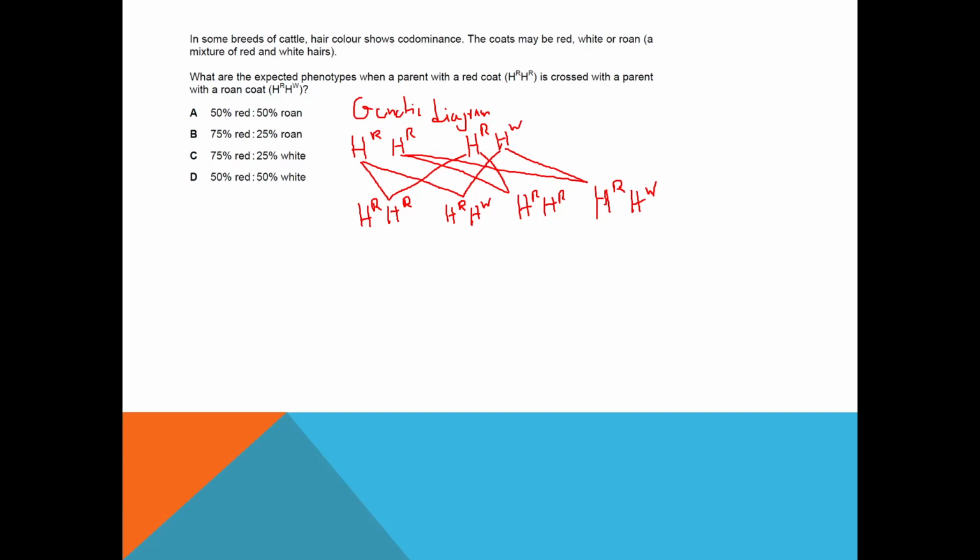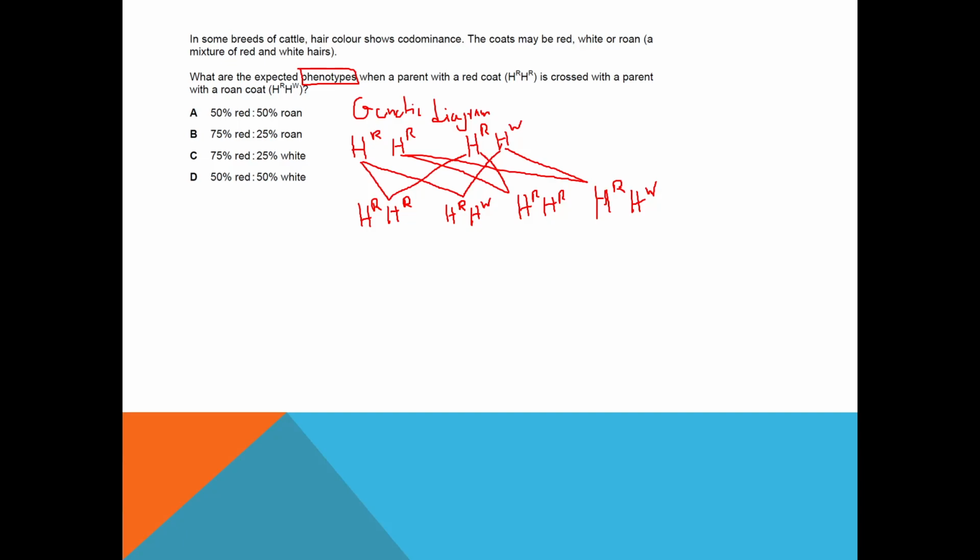Okay, all done. So these are the possible combinations of their offspring, the genotypes of the offspring. But the question does not ask for genotypes, rather the phenotypes.